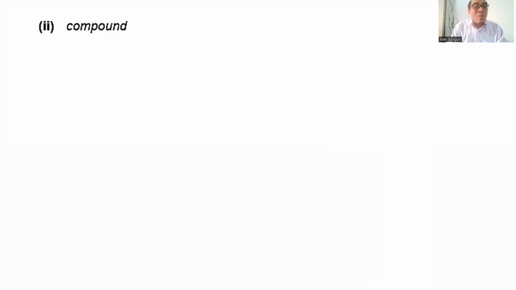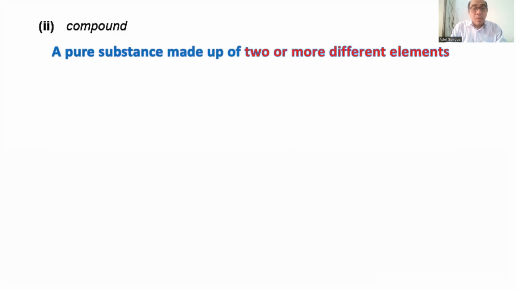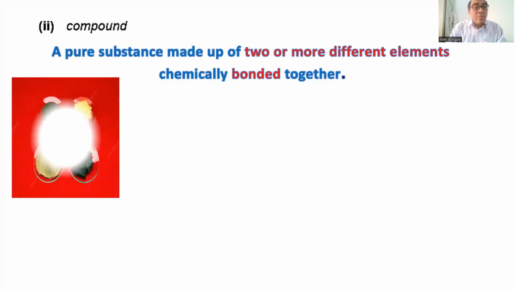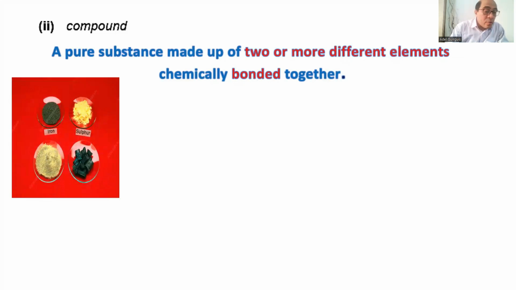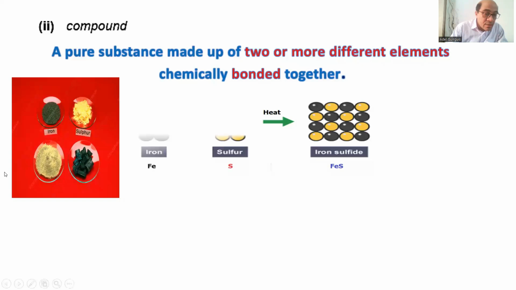Part two: what is meant by compound? Compound: a pure substance made up of two or more different elements joined together chemically. Okay, chemically bonded together. Like what? For example, iron and sulfur.